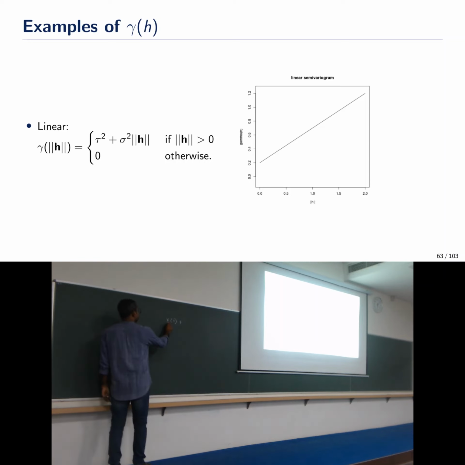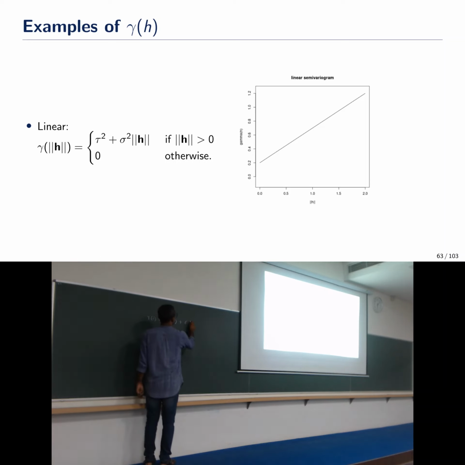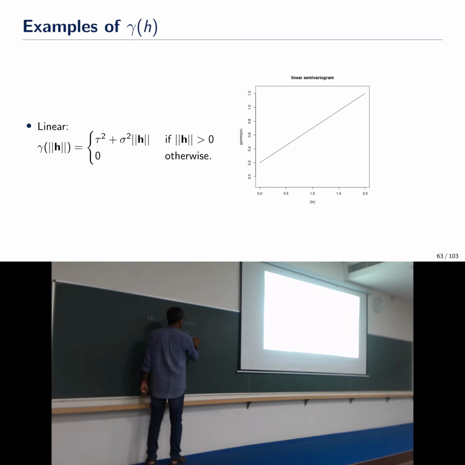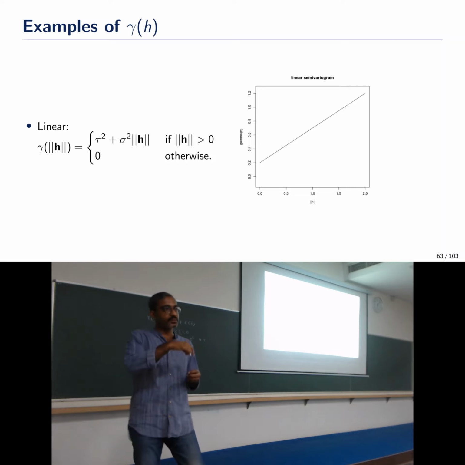Instead of observing X(s), we assume that we actually observe Y(s), which is something like this, and this epsilon(s) is independent of X(s), and these are essentially IID. They have nothing to do with the spatial dependence. Let's say the expectation of epsilon is 0 and the variance of epsilon is tau square for every s. That's the measurement error.